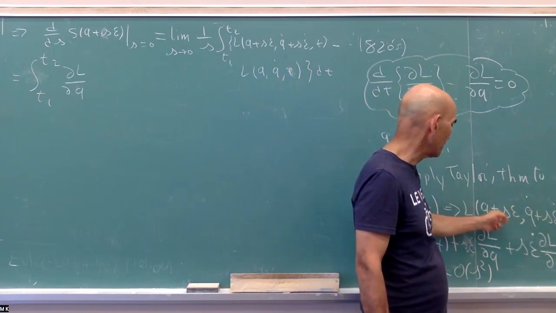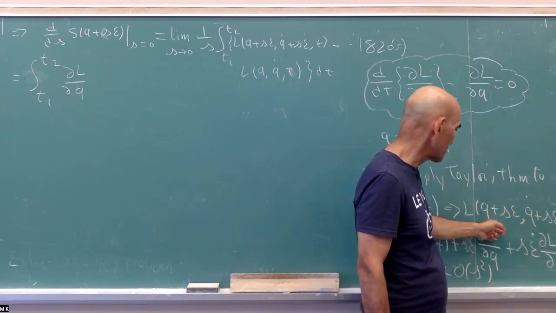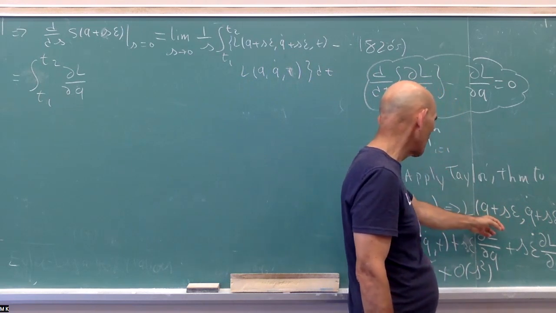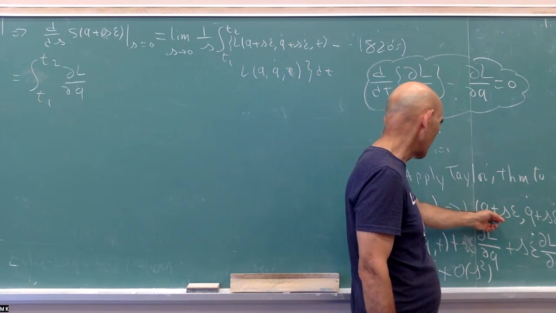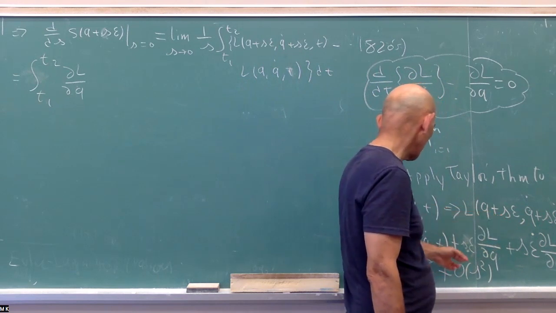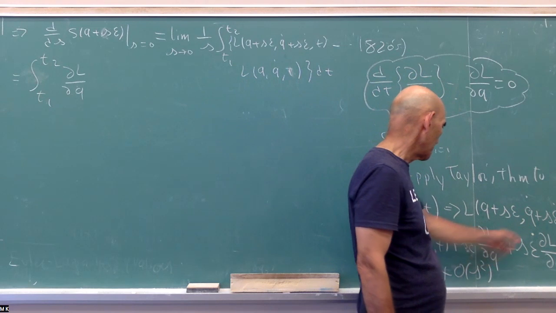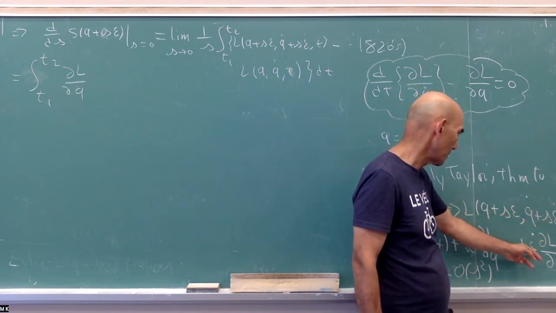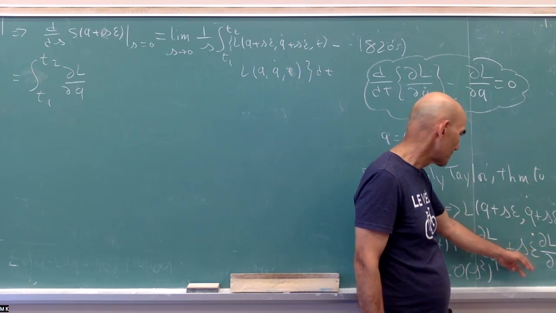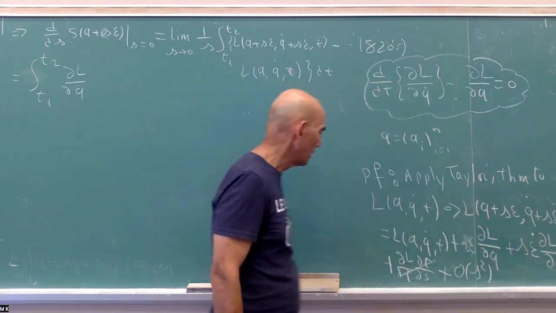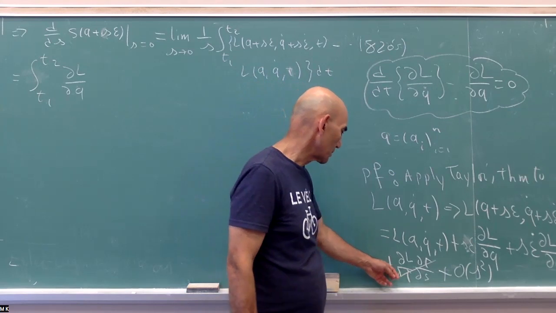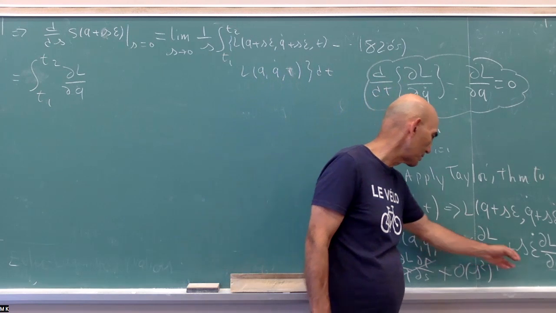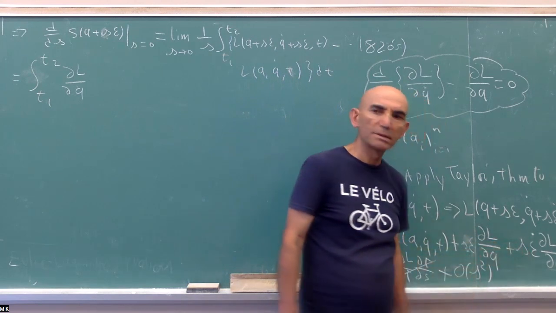So I have to take the derivative with respect to the first variable, which is q, and then the derivative of this with respect to s gives me an epsilon, and the derivative with respect to q dot times the derivative of this with respect to s is again epsilon dot. And then this doesn't contribute, and I subtract, this term disappears, and then I've got this term without s.